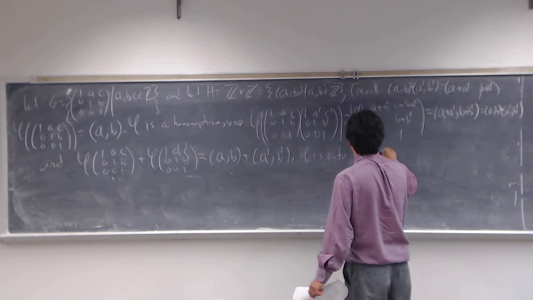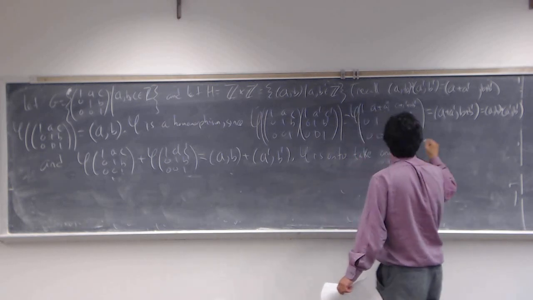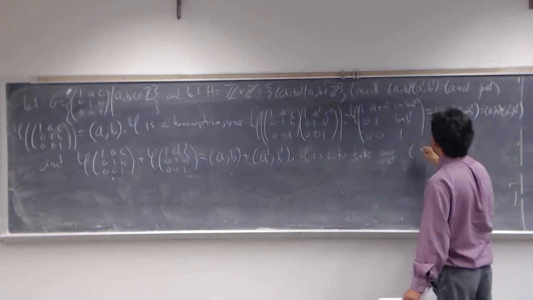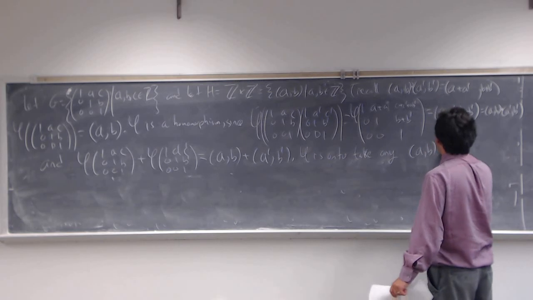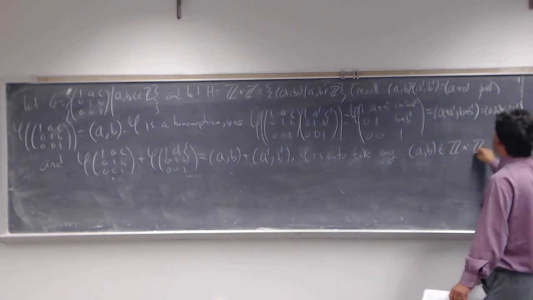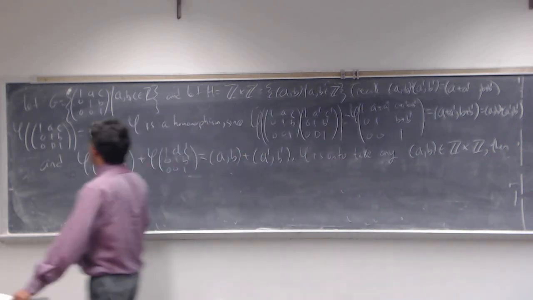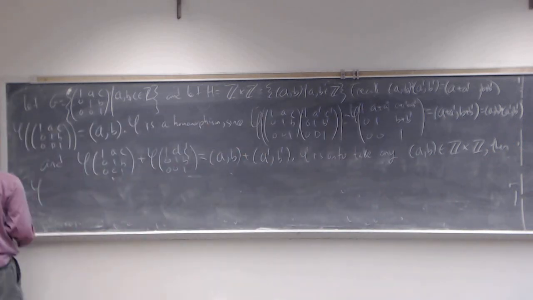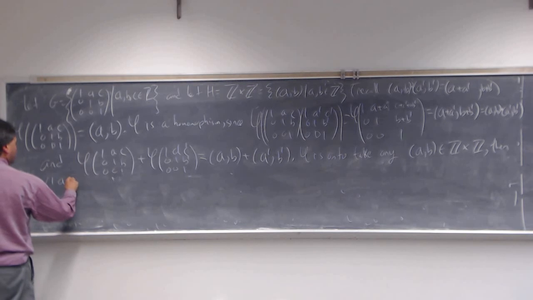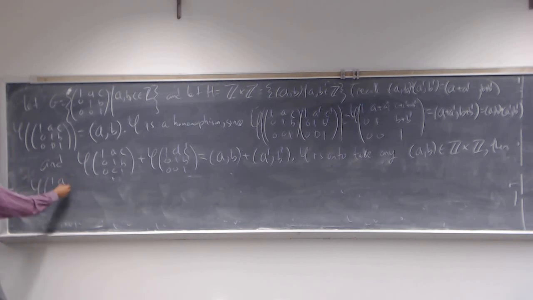Take any element. What would a typical element look like? A comma B in the product group of Z cross Z. Then if I look at phi of 1, A, I put a 0 here, 1, 0, might as well use 0, doesn't matter, use 1.